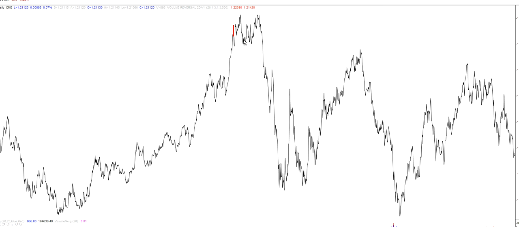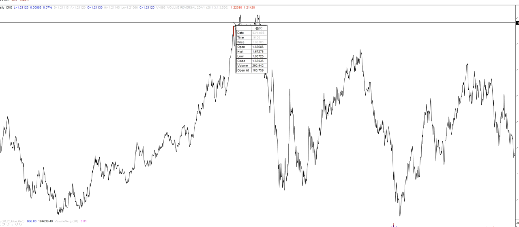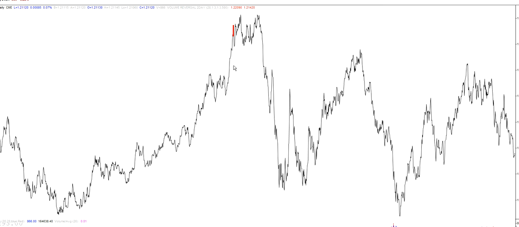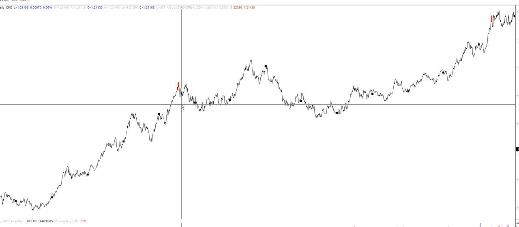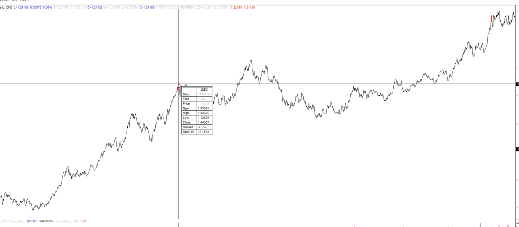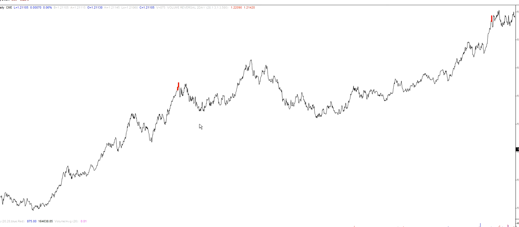That more or less kind of started the topping process, if you will, that didn't resolve until July of that year. However, it indicated something else was happening other than that big uptrend. And the only other instance we had was back in 2004, which was January 2004, which was a decent high. We went from 145 or so down to 135. So 10 big figures on the downside after this.